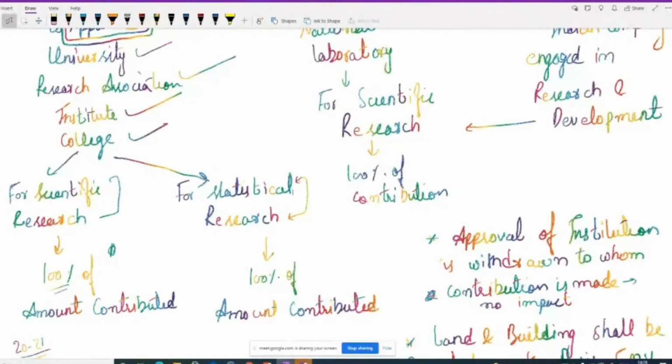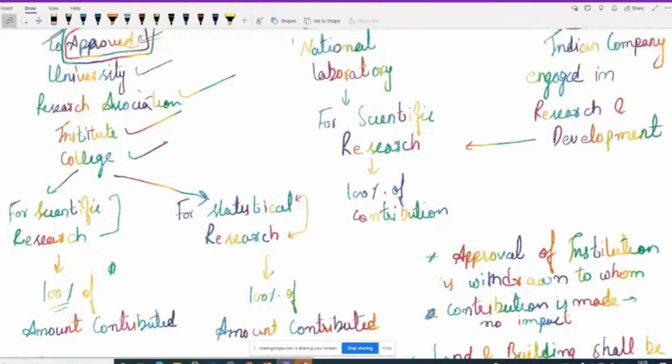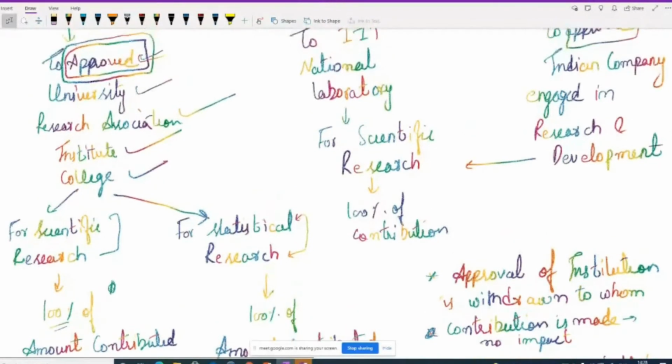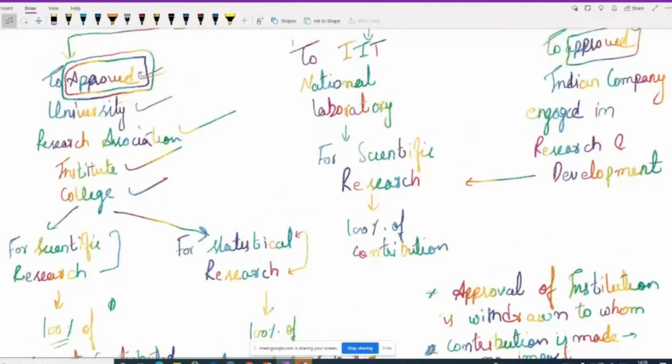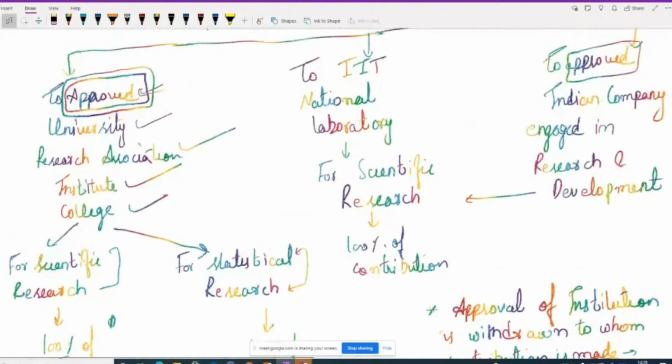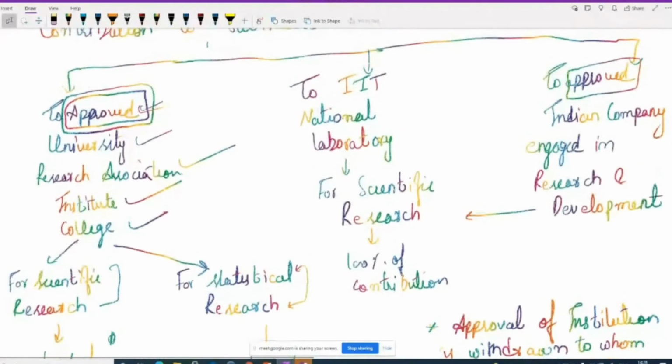That's the meaning, because the word deduction has a different meaning, and the word expenditure is a different word.